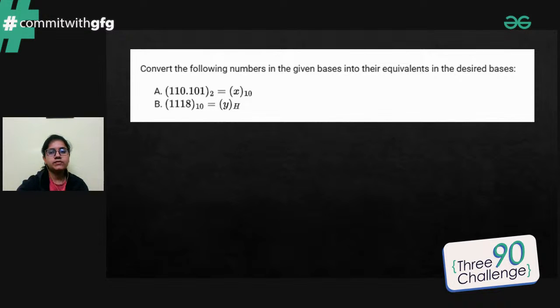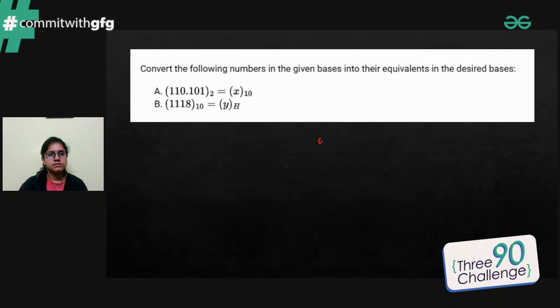So 6.75 is the value for A, Nisha? No, it is wrong, Nishu. 6 is correct, the integer part is correct, but there is something wrong with the decimal part.